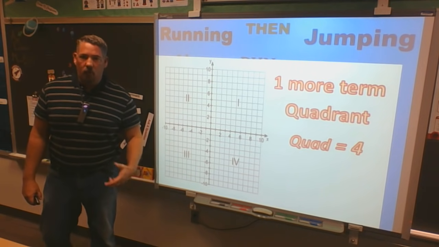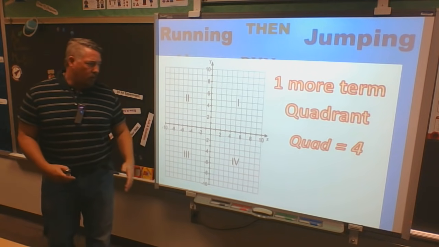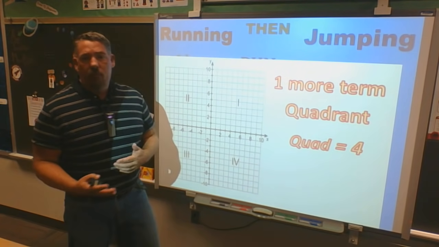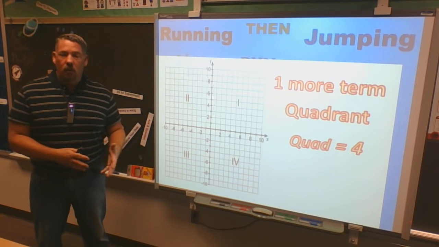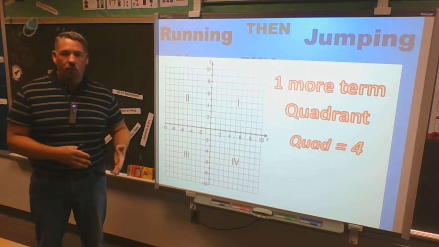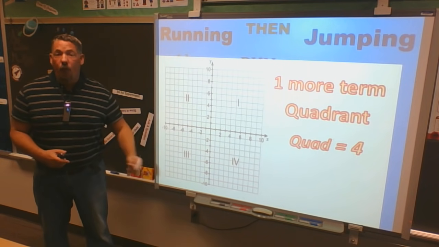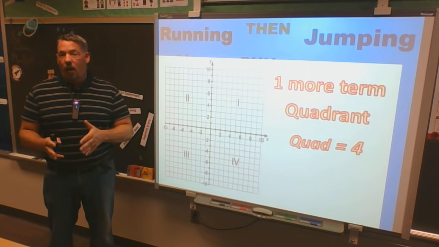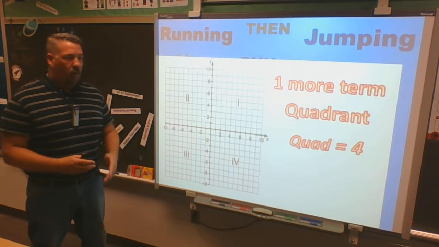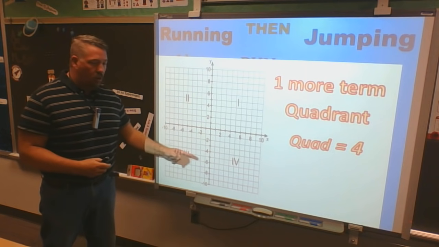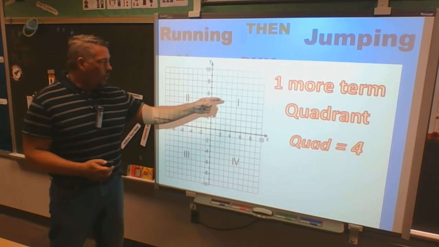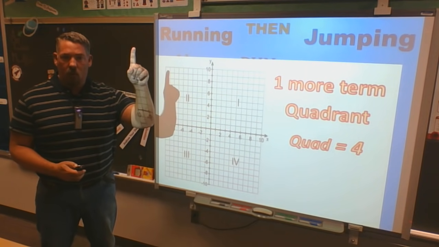But the word quad, or the prefix quad, or the root word, means 4. That's why we have QUA in the word quarter, okay? Or we have a quart, QUA, because that means 4. This is divided evenly amongst 4 different boxes. The way I look at it is, if I know there are 4, these weird numbers are called Roman numerals. And I'm always going to have positive, positive, which is my quadrant 1.